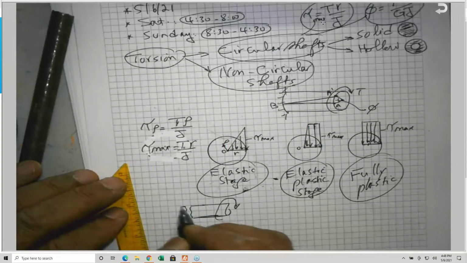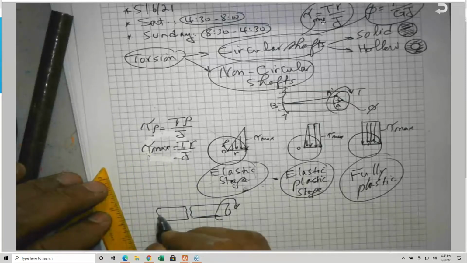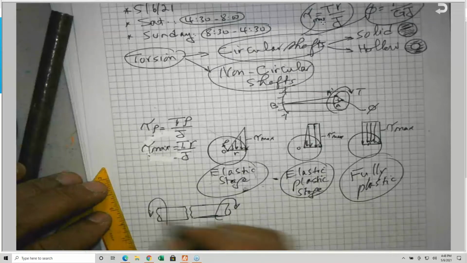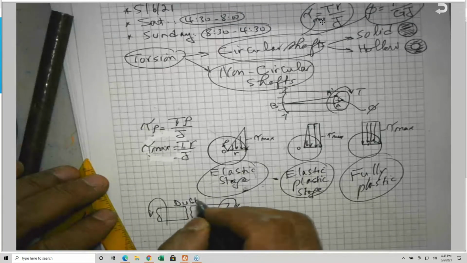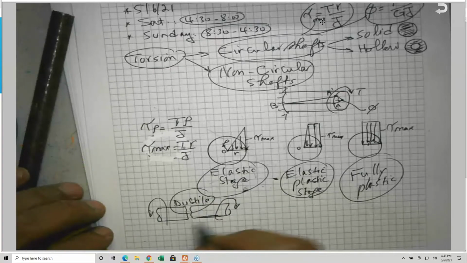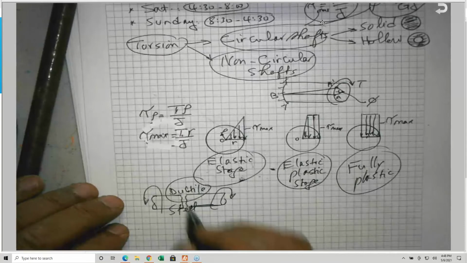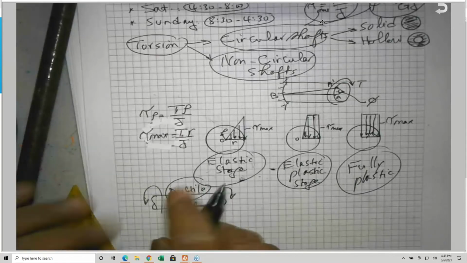The failure surface is perpendicular. This is the ductile material, like steel or aluminum or brass. All of these, the failure plane is almost perpendicular.